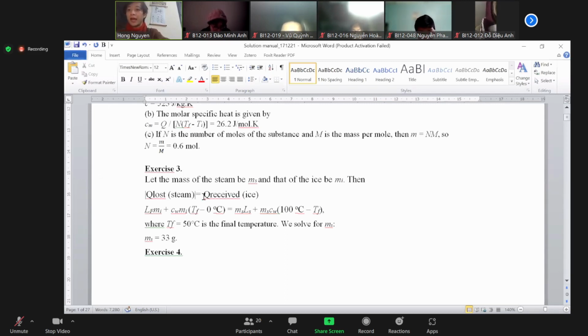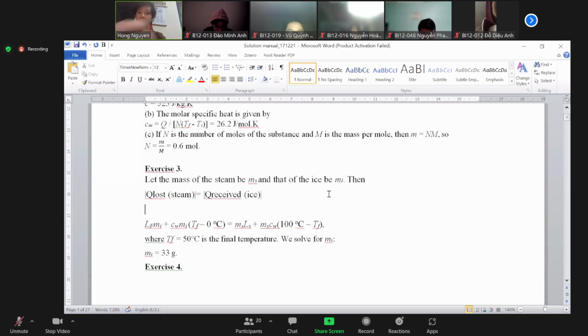If we take into account the sign, here, this is the magnitude, not the sign. If you take into account the sign, then the heat loss should be equal to minus the heat received, right?